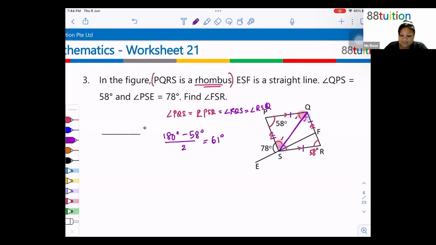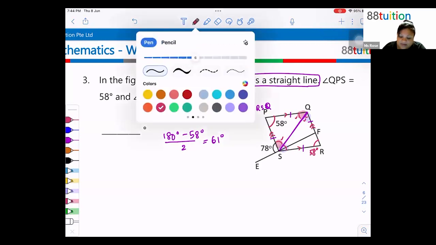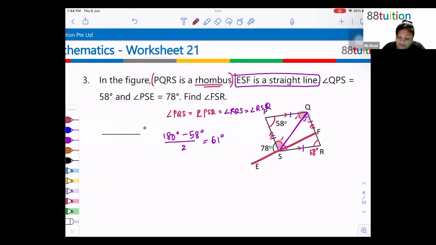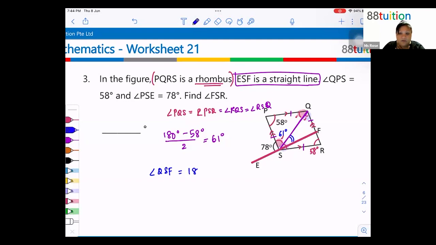Okay, so now take note, they tell you this in the question for a reason. Because they tell you this is a straight line, that means the angles must add up to 180 degrees. So if this is 61 degrees, you can find this angle QSF, which is equal to angles on a straight line minus 78 and 61 degrees.